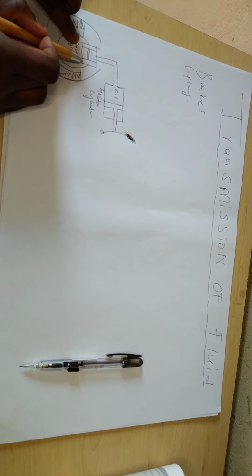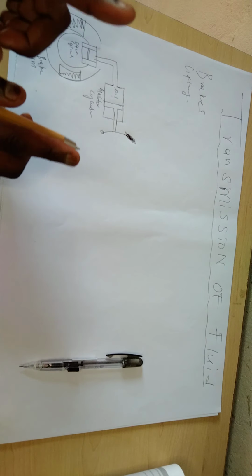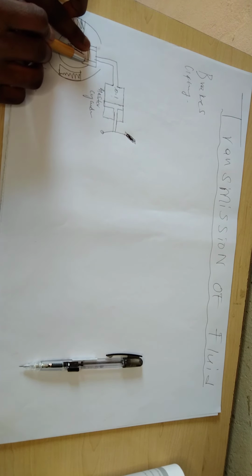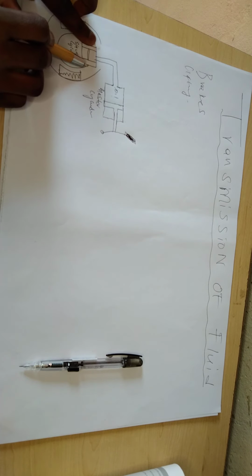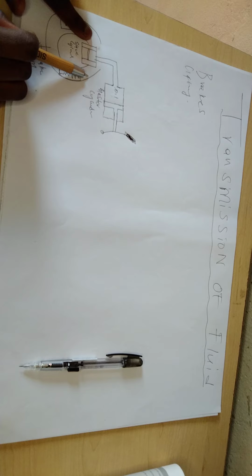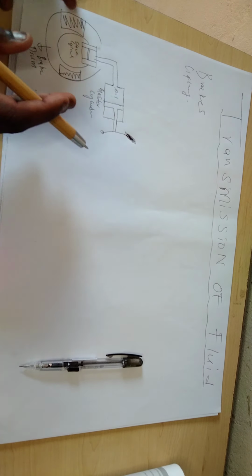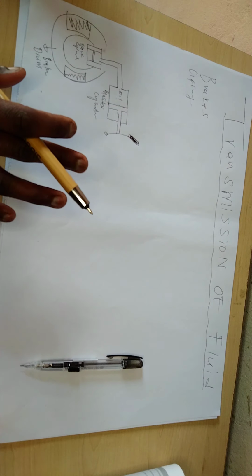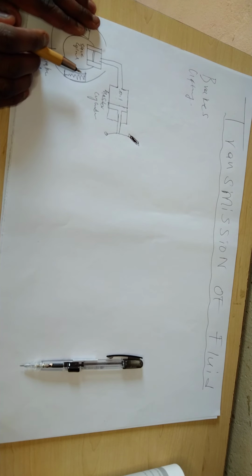And here at the slave cylinder we have two pistons. Remember, we always have two pistons in a slave cylinder, meaning this one will press this side, this one will press this side. When this cylinder is getting expanded, it will press this to move to the shoes, and the brake will apply.